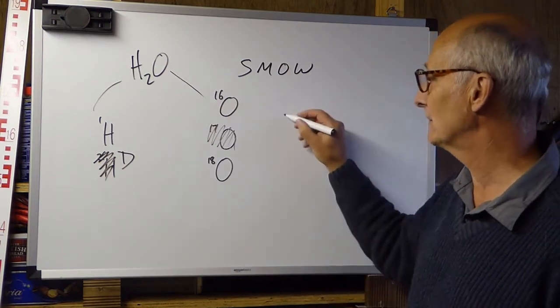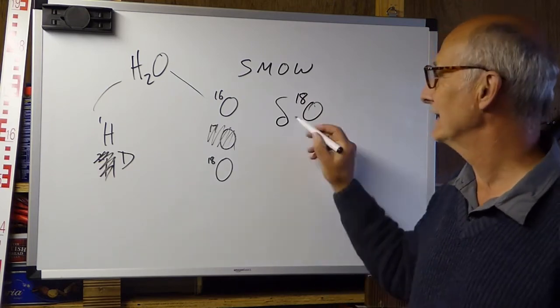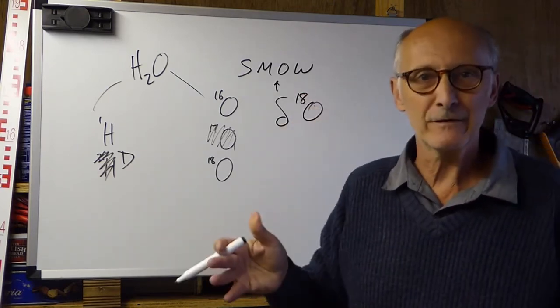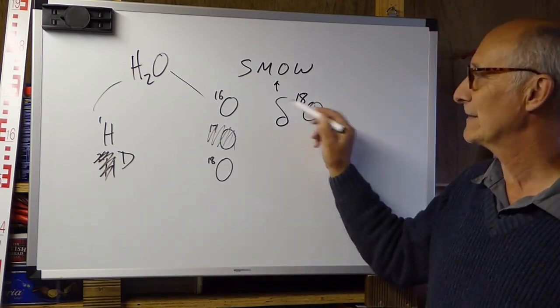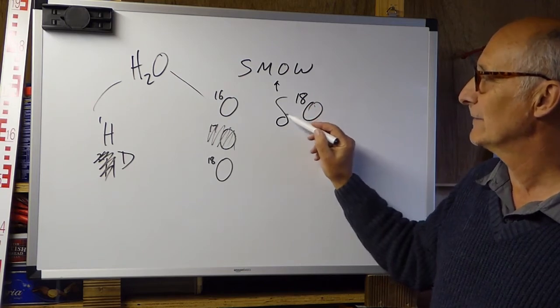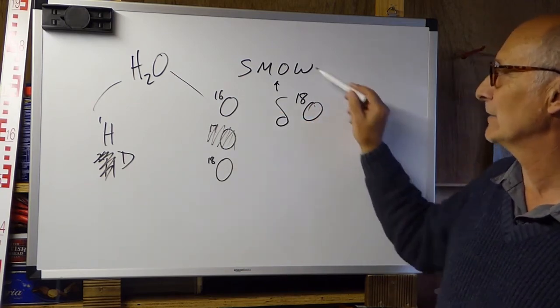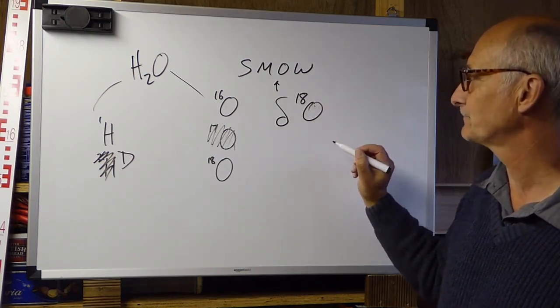And this is often referred to as delta oxygen 18. Delta simply means the difference from the standard ratio that you'd expect. And delta oxygen 18 is saying, well, we're looking at the difference between this oxygen 18 to 16 ratio in our particular sample as opposed to what we'd have expected in a typical average sample.